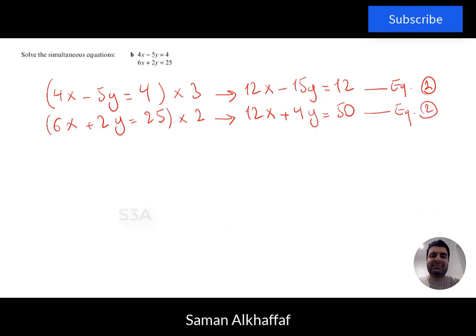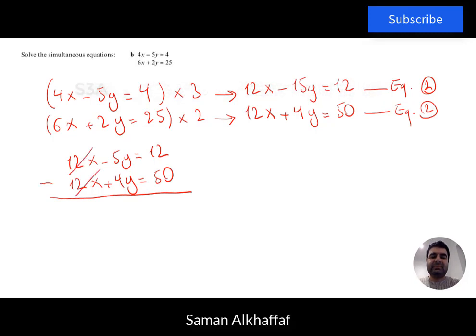So we can see we have 12x on both sides, so we subtract these two equations from each other. We would have 12x minus 15y equal 12, and we also have 12x plus 4y equal 50, so we will subtract them from each other.